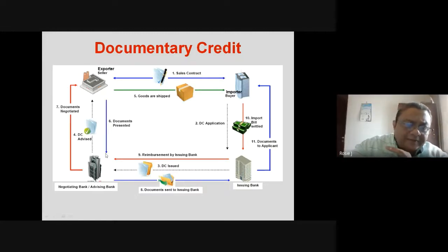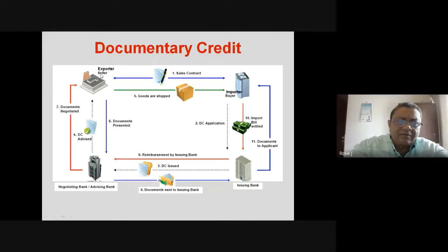So sometimes what HSBC does is, once he submits documents to HSBC, they check the documents and find that they are generally in order. Okay, no problem. He has to continue other shipments and buy raw material.